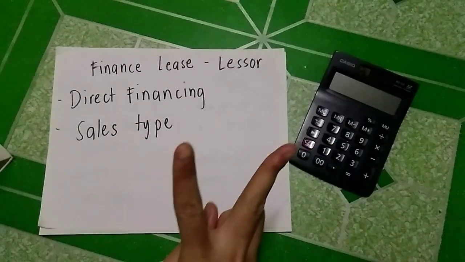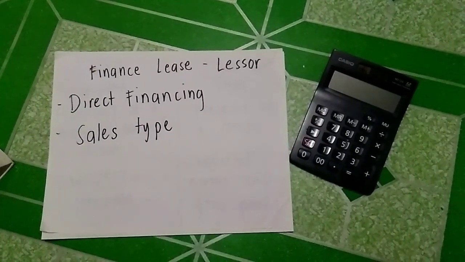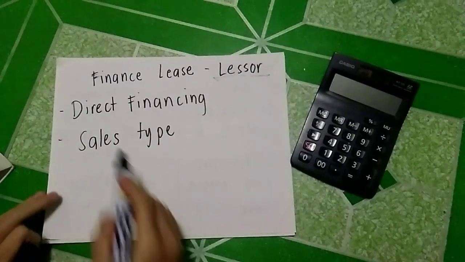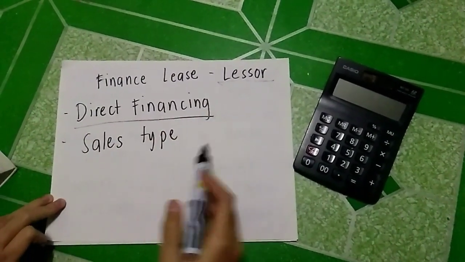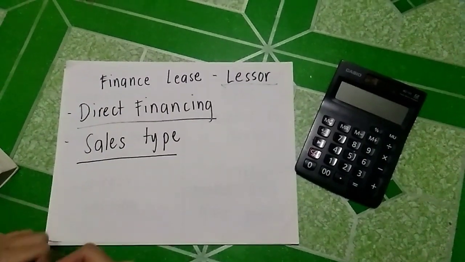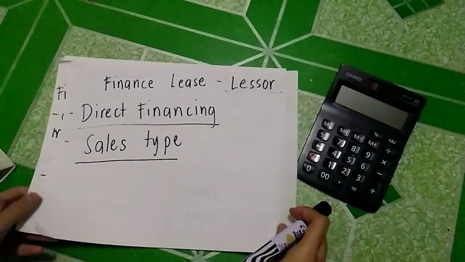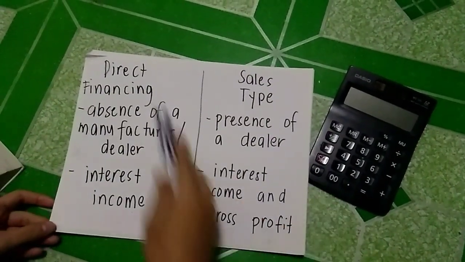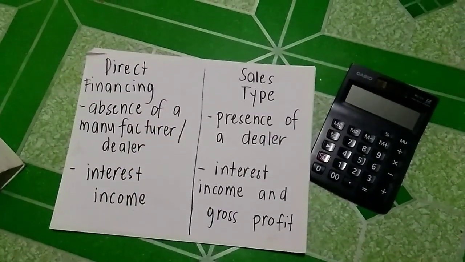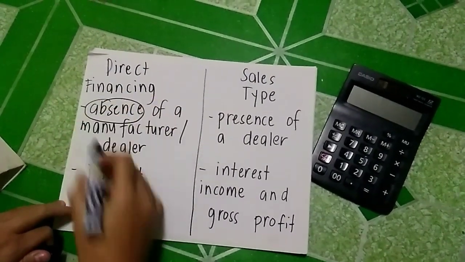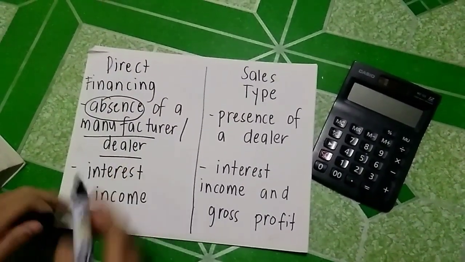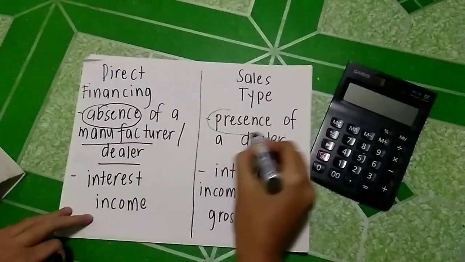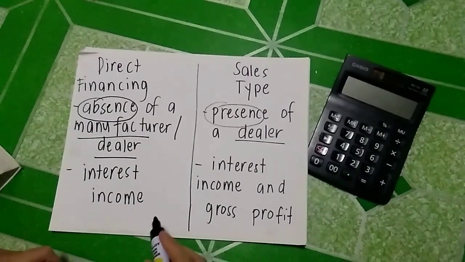There are two classifications of finance lease. On the part of the lessor, a finance lease is either a direct financing lease or a sales type lease. What is the main distinction of the two? In direct financing lease, there is an absence of a manufacturer or a dealer, while in sales type lease, there is a presence of a dealer.